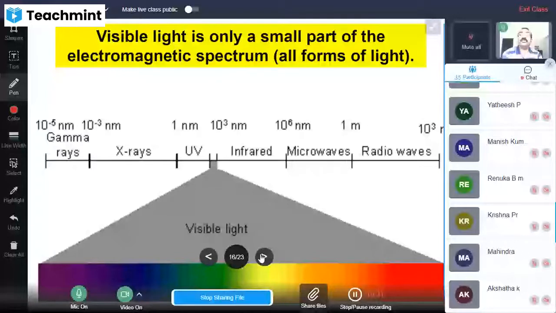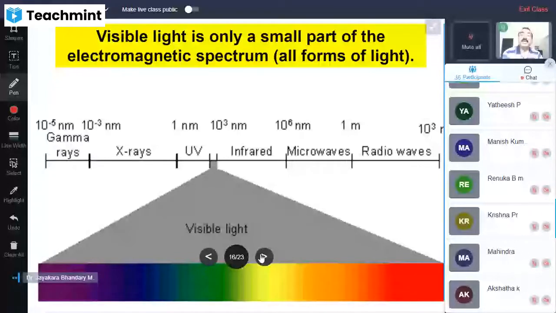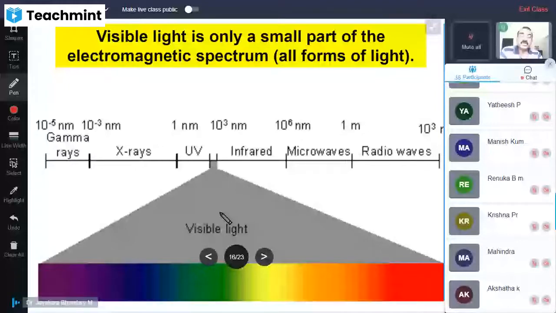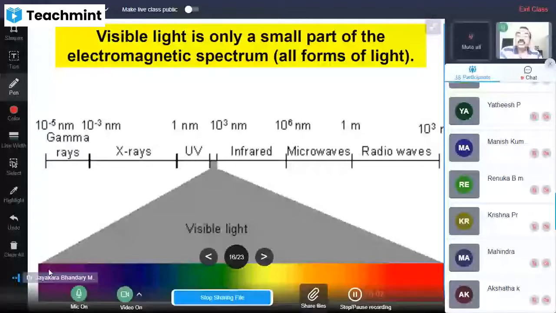Now, this is what I was discussing. Actually, pigments play a very important role in photosynthesis by absorbing light. Now, this is the electromagnetic spectrum, starting from gamma rays to the radio waves. And here a very small range of light, this is called visible light. And you know, the visible light is made up of 7 different colors, starting from violet to red, VIBGYOR.